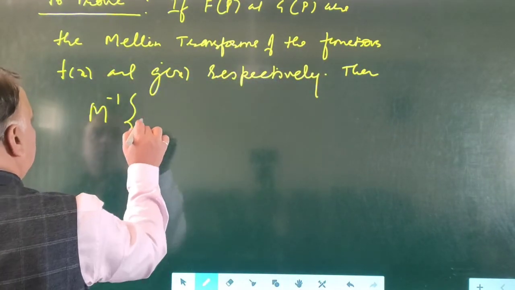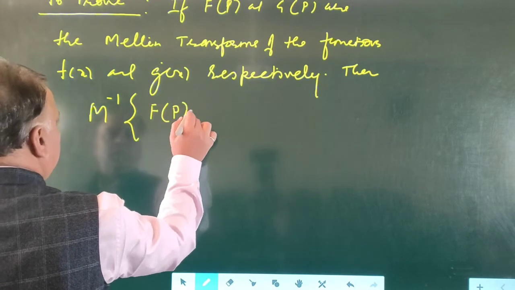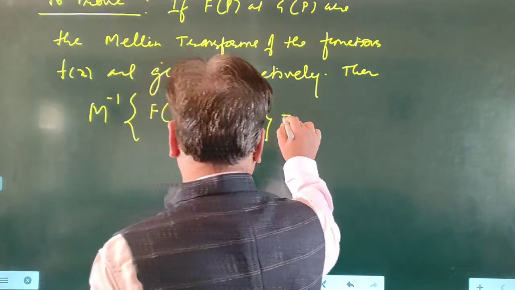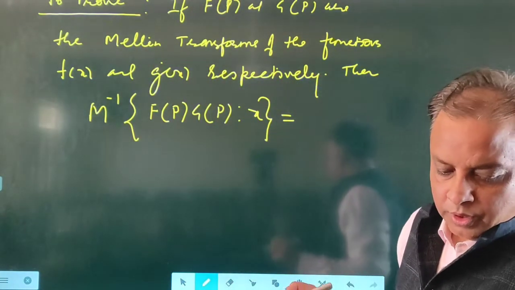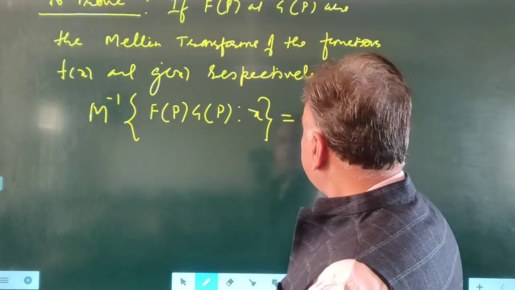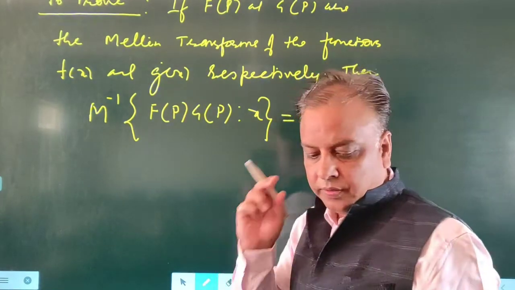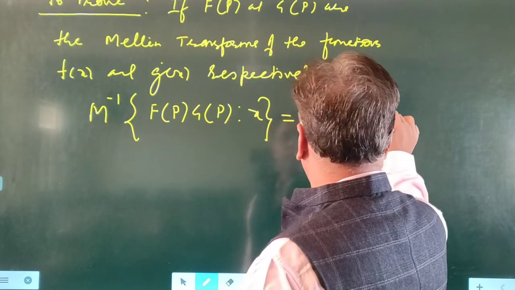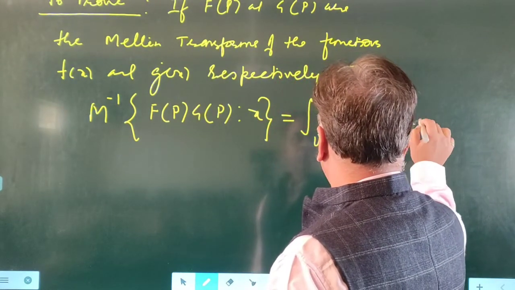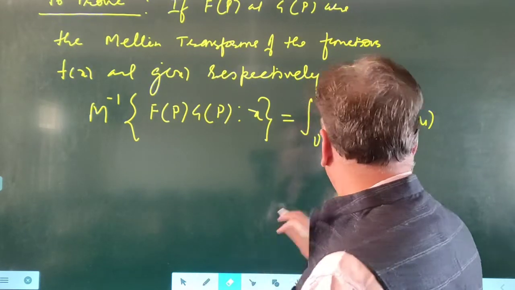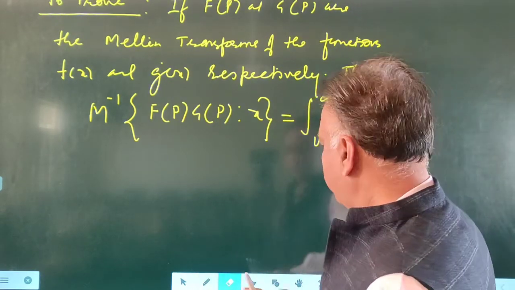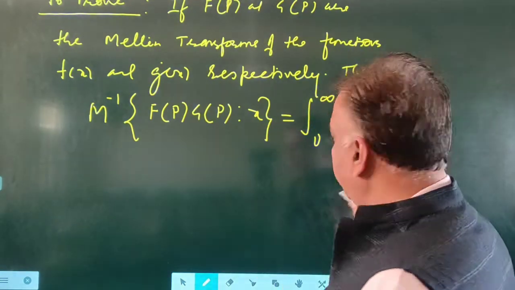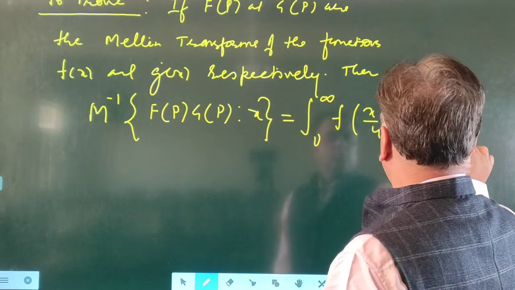of F(p) into G(p) with respect to x is equal to the integral from 0 to infinity of f(x/u) g(u) du/u.